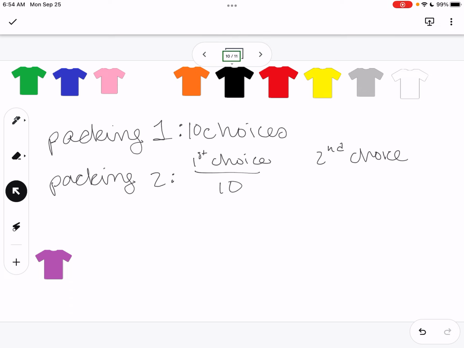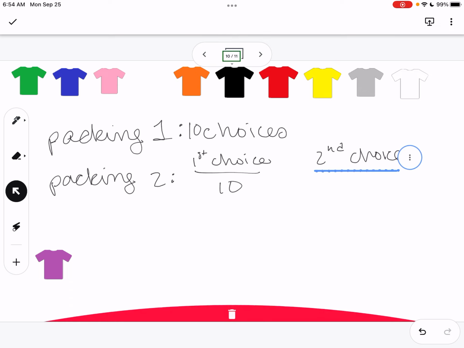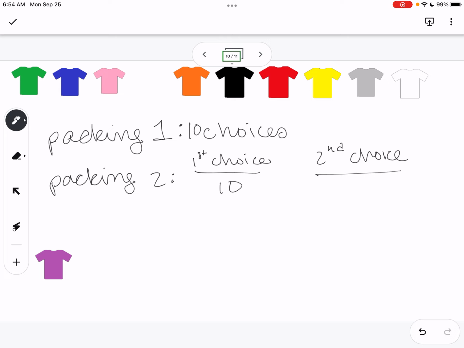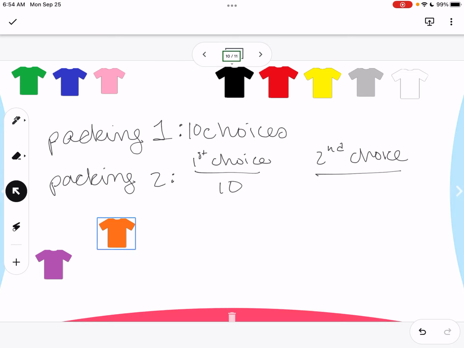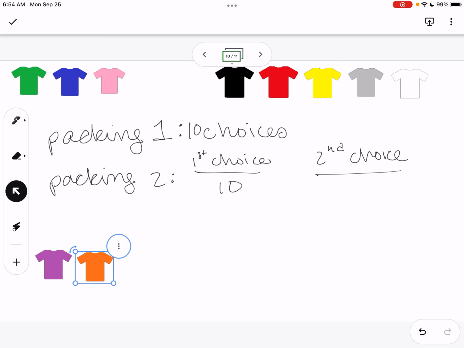And now I'm picking my second choice. Well, there are only 9 choices left. So I've already picked the purple. It's not available anymore. I want to wear an orange colored shirt, so I'll pack my orange one. So now I have 9 choices.